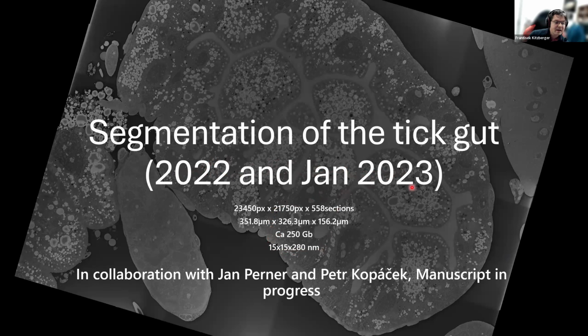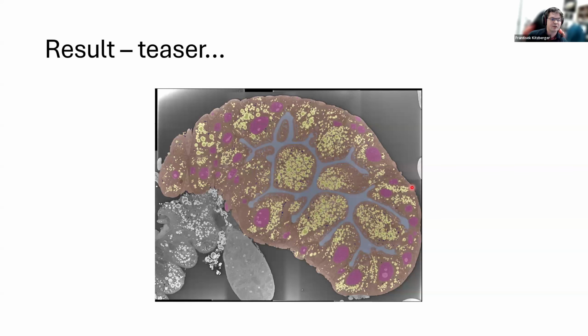We cut it. And we wanted to get somewhere here. And of course, to select these different organelles and parts of the tissue, it had to be segmented in its separate way.